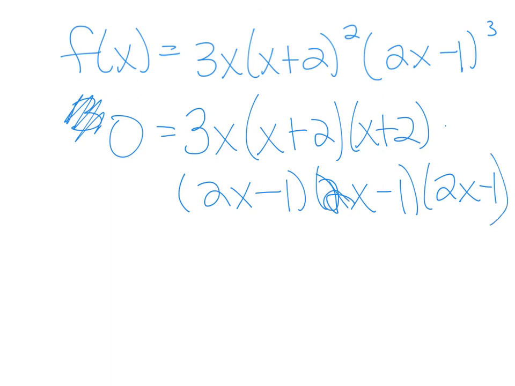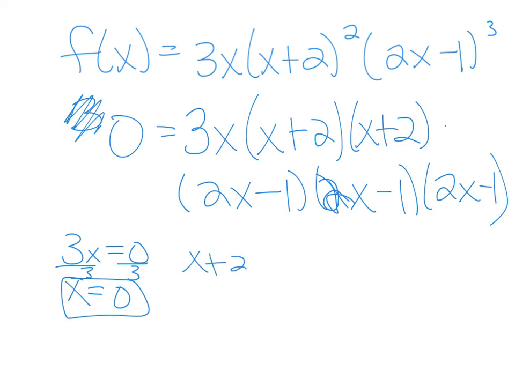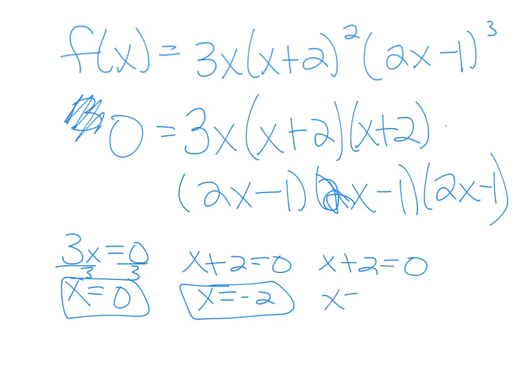If we set each of those factors equal to 0, we'll set 3x equal to 0, which gives me x equals 0 when I divide both sides by 3. And I have x plus 2 equal to 0, which gives me x equals negative 2. I have another factor of x plus 2, which gives me x equals negative 2. Again, I'm subtracting 2 from both sides here.